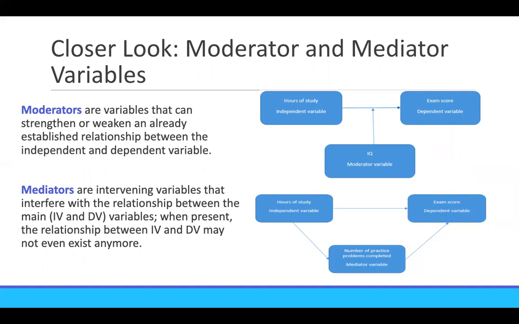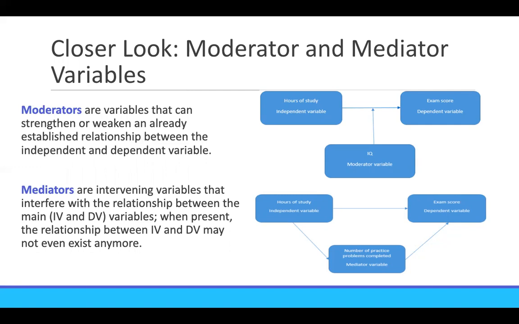So the example of moderator variables that you see here is, if the question is hours of study, does the amount of study hours influence your exam score? Let's say your hypothesis is yes, the amount of time that a person spends studying impacts how high of a score they get on the exam. So your hours of study is the IV and your exam score is the DV.